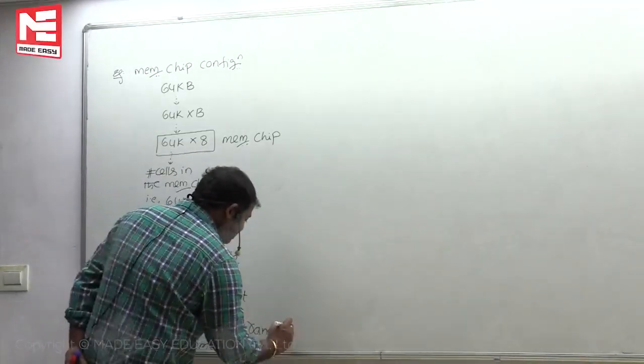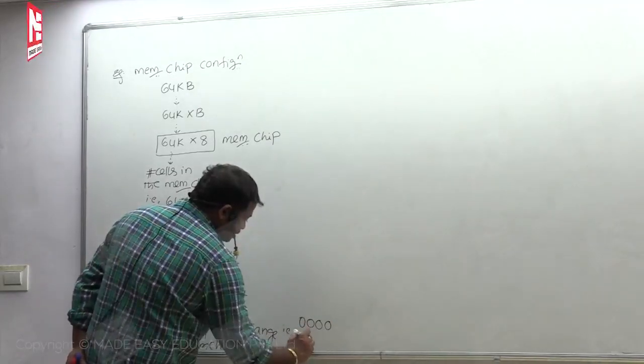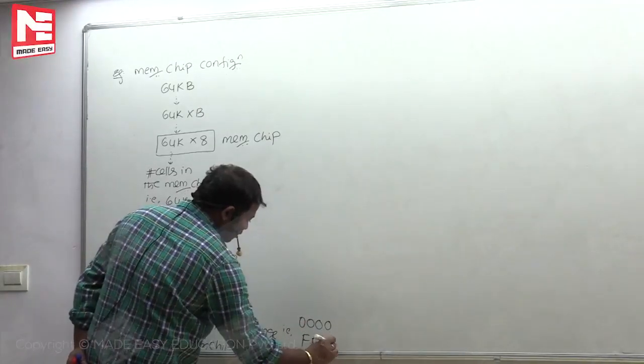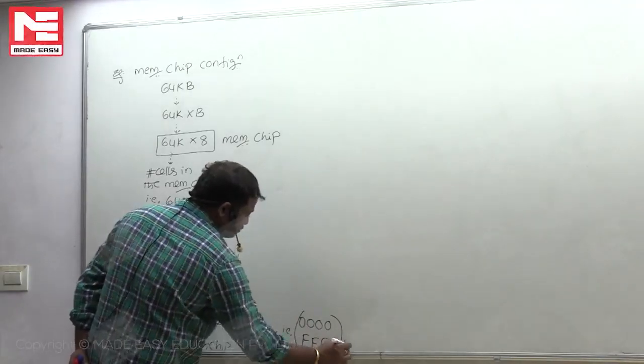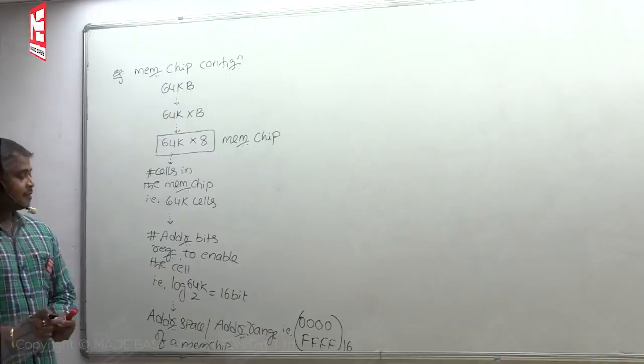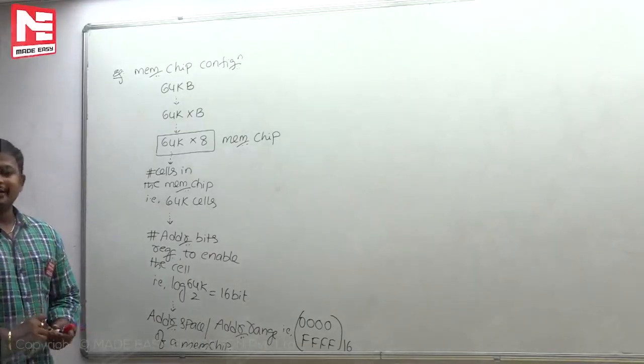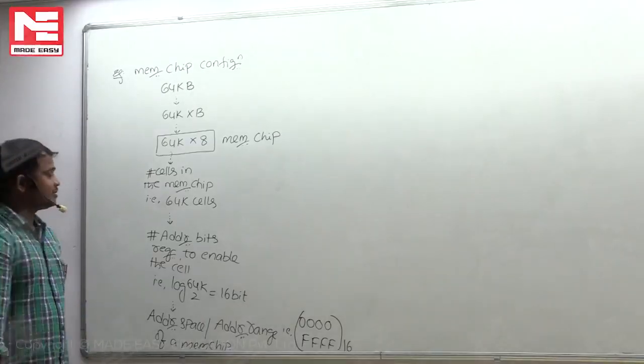Range indication is minimum to maximum. Minimum means all zeros, maximum means all ones. 4 zeros to 4 Fs, base 16. So memory chip addresses are represented in hexadecimal. Correct? Memory addresses are hexadecimal addresses.